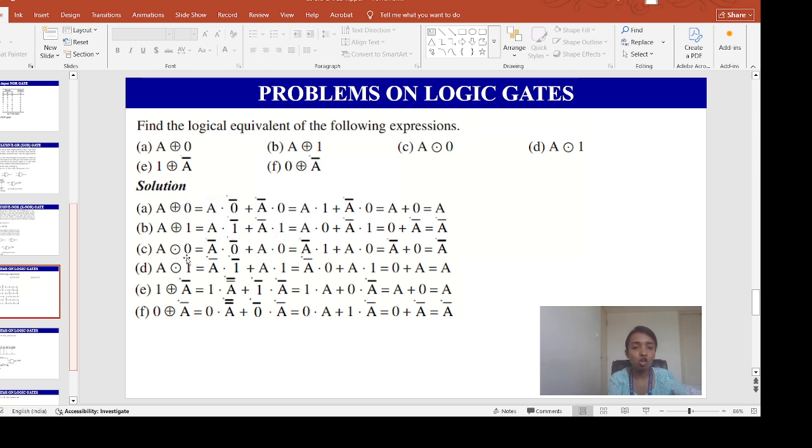A XNOR 0 means A bar dot B bar plus AB: A bar dot 0 bar plus A dot 0. A XNOR 1: A bar dot 1 bar plus A dot 1. 1 XOR A bar: A B bar plus A bar B, so 1 dot A bar bar plus 1 bar dot A bar. 0 XOR A bar means 0 dot A bar bar plus 0 bar dot A bar.